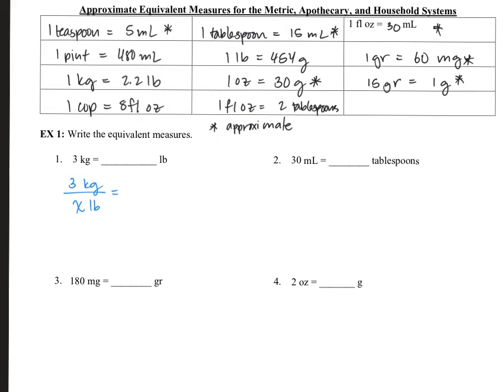So we have 1 kilogram, the same as 2.2 pounds. So let's go ahead and solve without the units at this time. That will be 3 times 2.2. Go ahead and work on this while you can on the side.